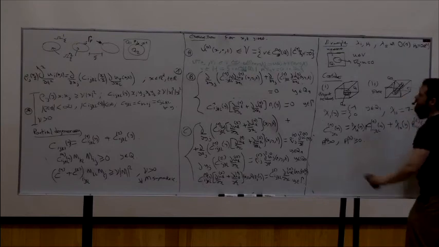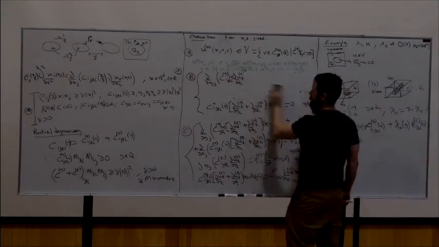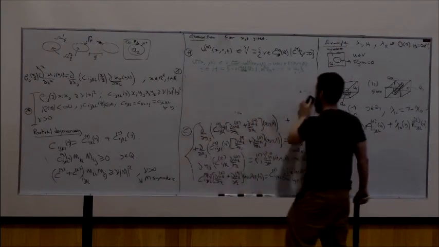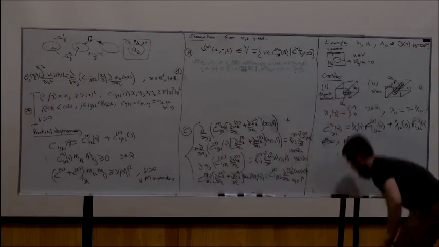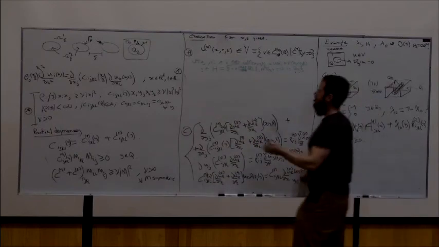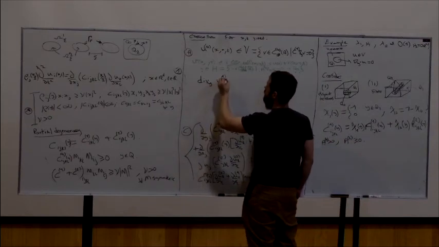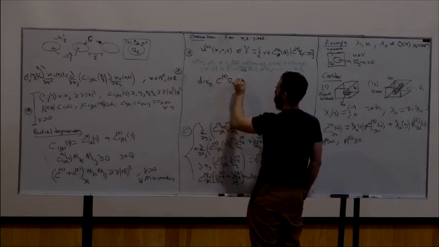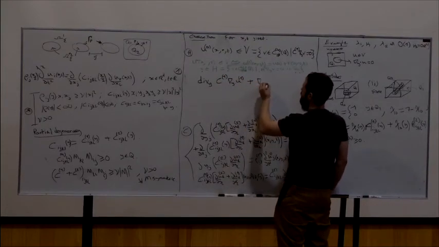And now I look at my equation B. So let me rewrite it again. The reason I wrote the equations for the high contrast in such generality is because I was thinking of this next. So it solves the exact same equations. So again, divergence_y of C1 grad_y of u1 plus grad_x of u0.